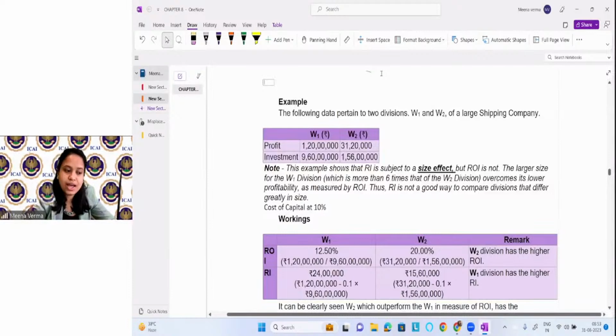So in the next session, I'll be taking the questions and case studies. We have already covered all the concepts in today's session. So whatever question you have mentioned, we will take it in the next session. Right.